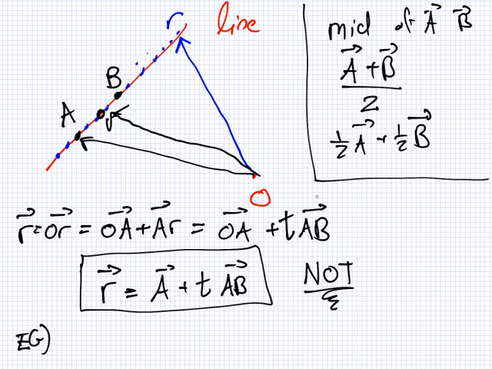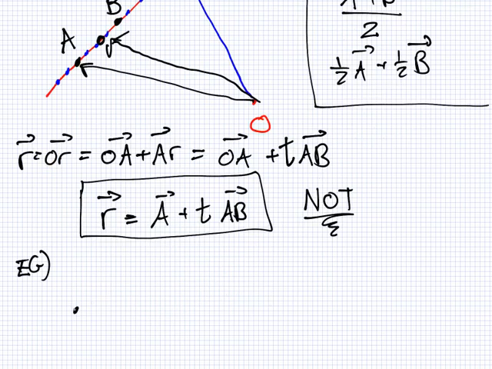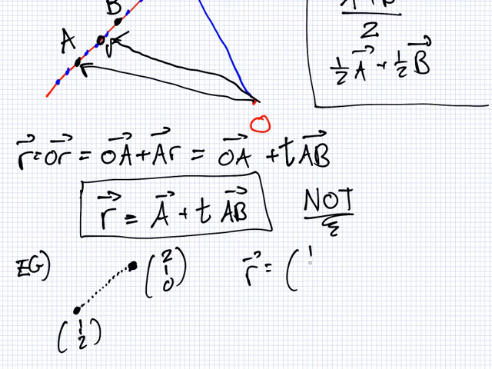Right, so in this example here, I have the point, let's call it A, (1, 1, 2), and the point B, (2, 1, 0). And I would like the equation of this line. So the formula, r equals A, (1, 1, 2), plus t AB.